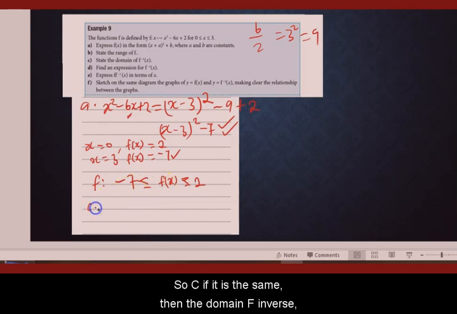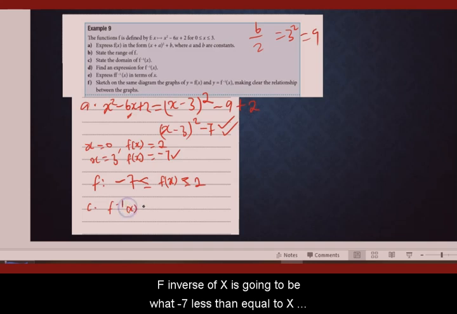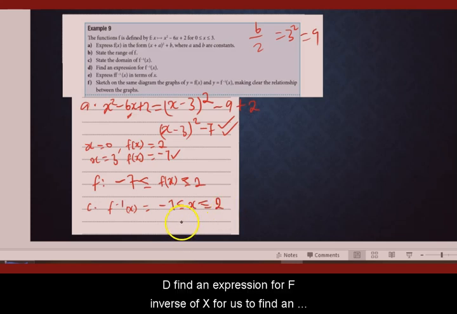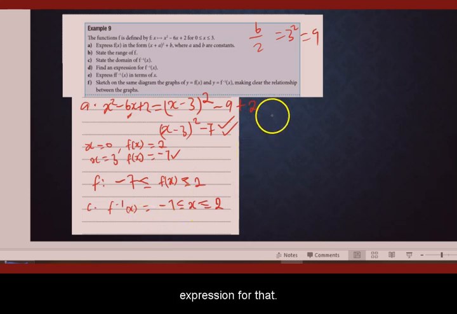So C, if it is the same, then the domain of f inverse of x is going to be negative 7 less than or equal to x, less than or equal to 2. D, find an expression for f inverse of x. For that, we can solve here.